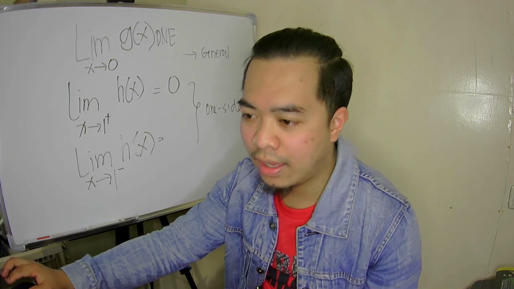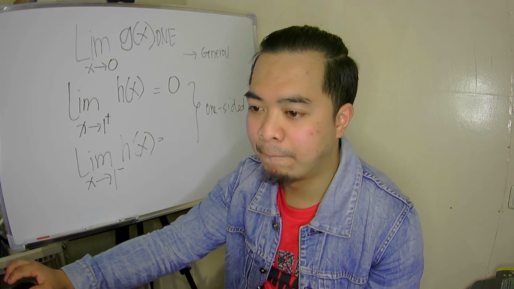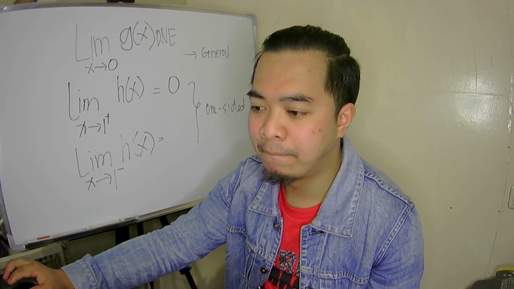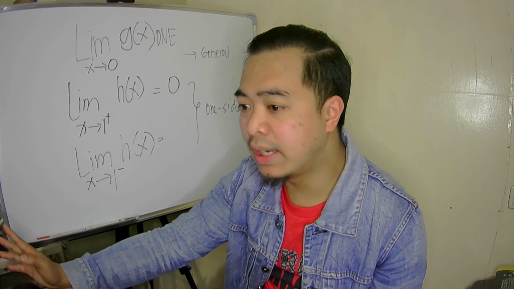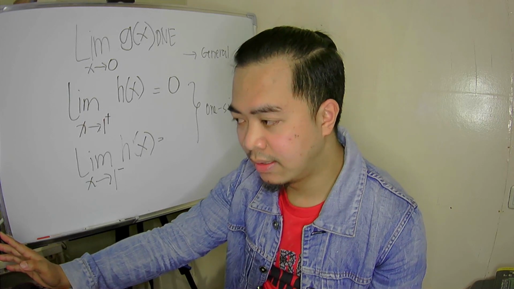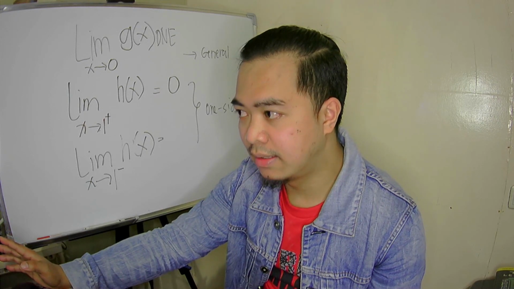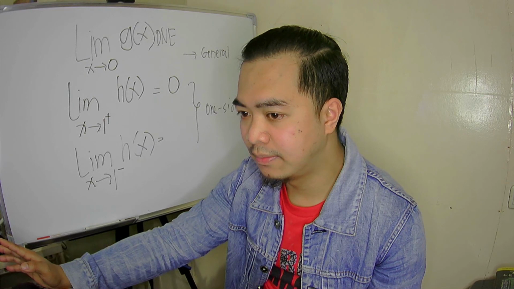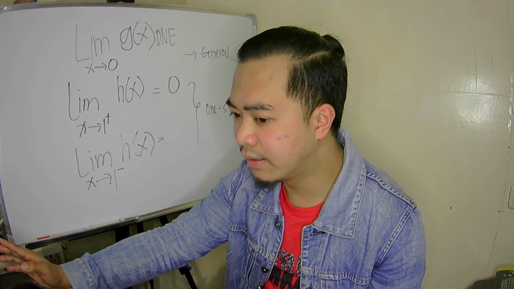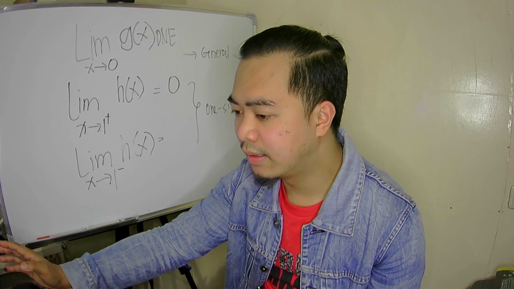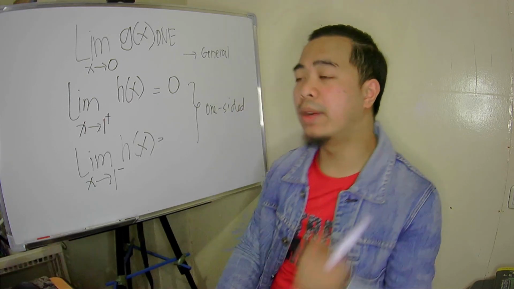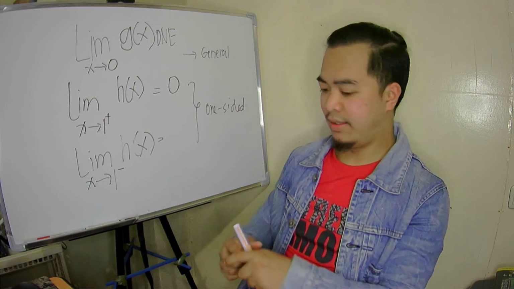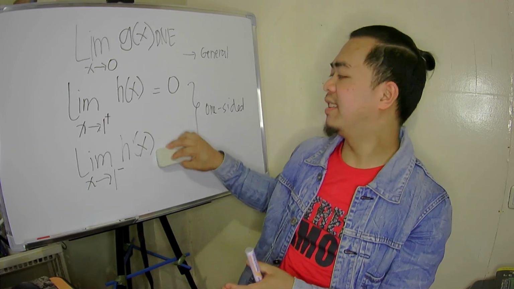Jose. Does not exist. It does not exist. Bakit? Kasi po yung value po is not a real number. Not a real number. So kung walang value, it does not exist. Tama ka.